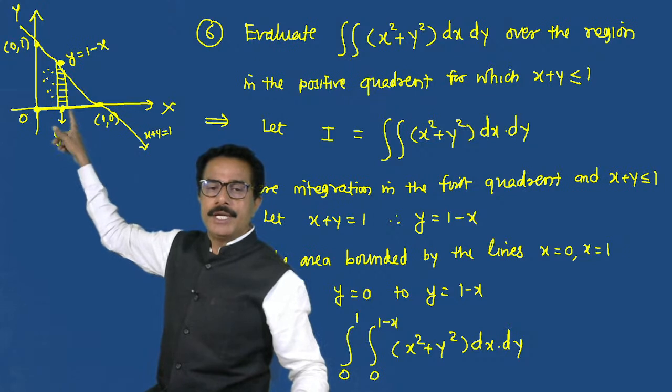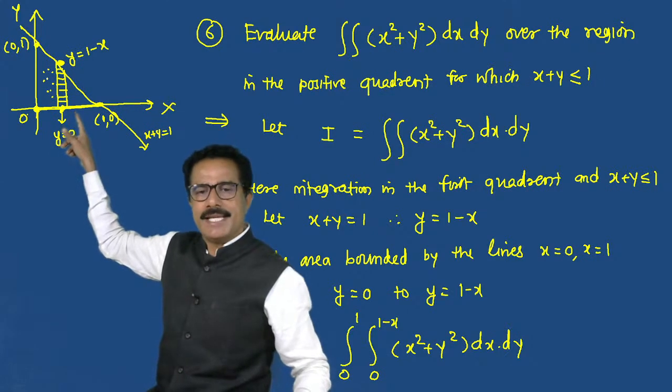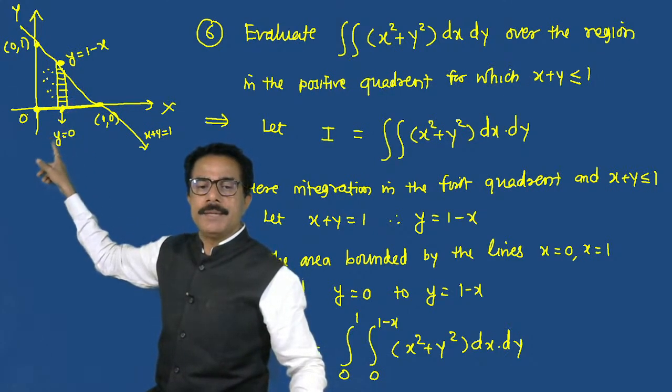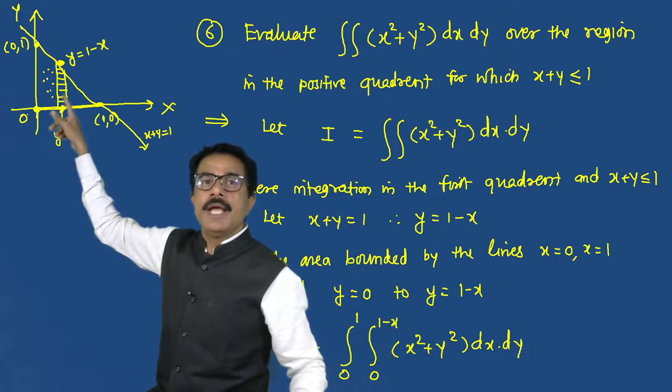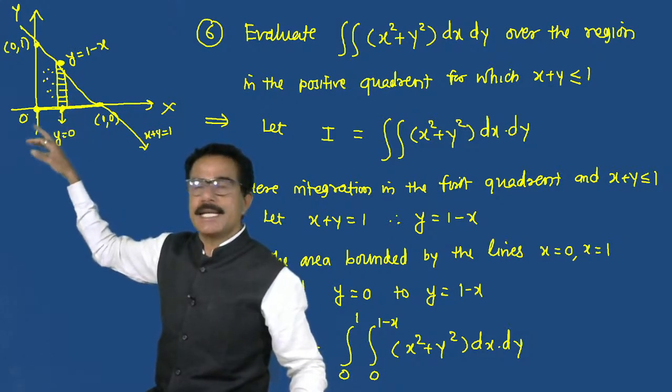So every point with a y coordinate on that line is 1 minus x. The lowest point of the strip is y equals 0, the highest point is y equals 1 minus x, because we have considered y as a variable by keeping x as a constant.